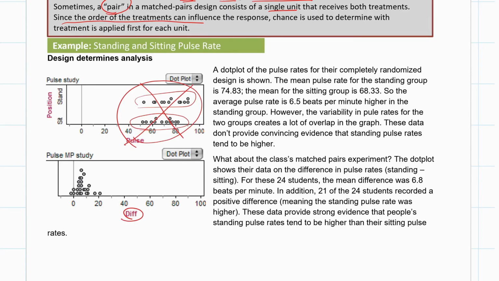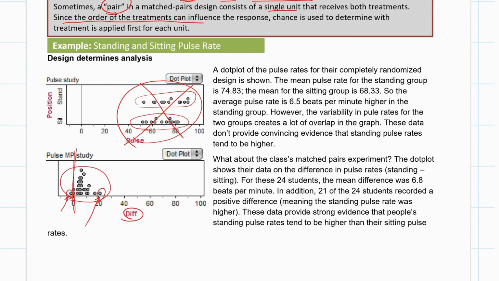What we care about is that we look within each pair at the difference in the outcome. So, for example, for one person, the difference in their pulse rate from standing to sitting was 21 beats per minute. There are some people who actually had a lower standing heart rate than sitting, but then you ask the question, if standing and sitting didn't matter, what would you expect?